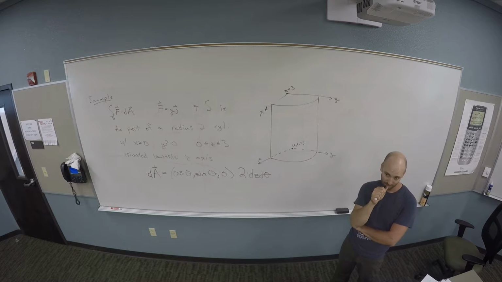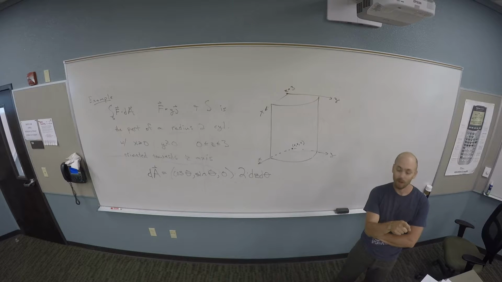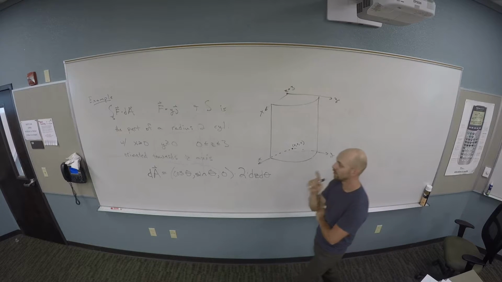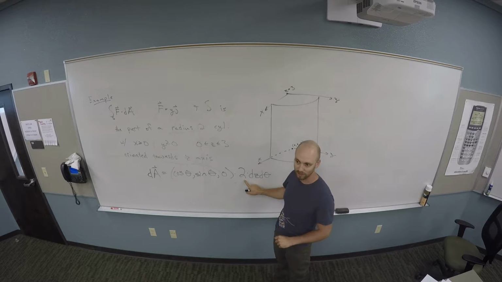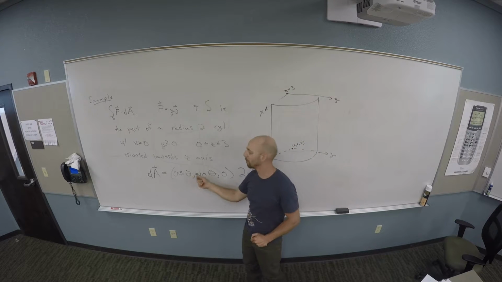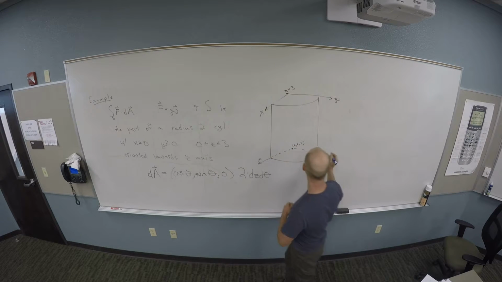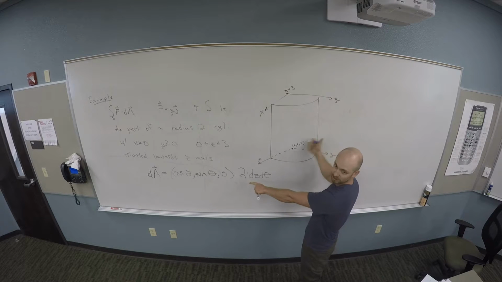So now what? It says it's oriented towards the z-axis, so wouldn't it be opposite? Oh, good. So this thing's oriented outwards, right? These point away from 0. If I'm going to go oriented towards the z-axis, this vector sticks out of this thing.